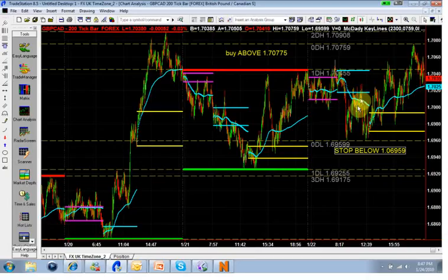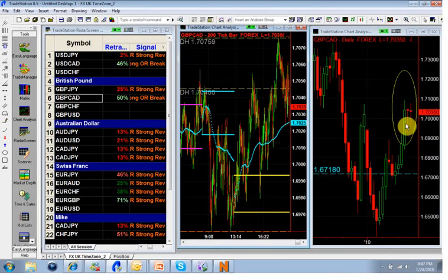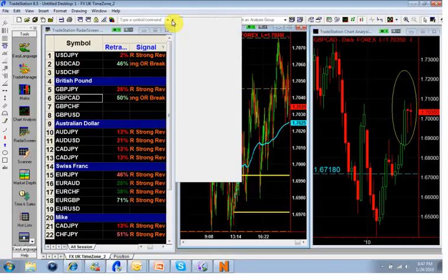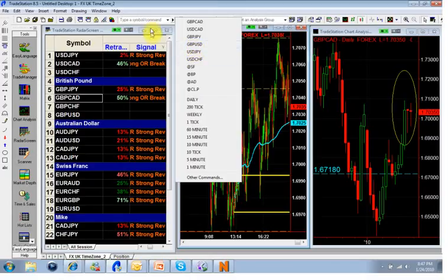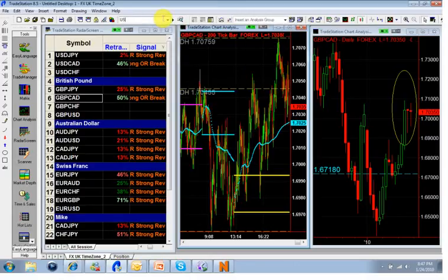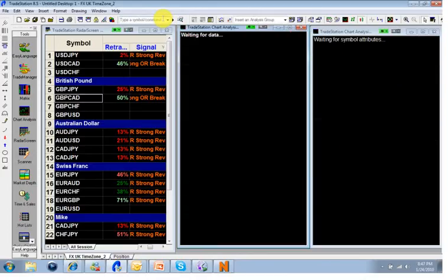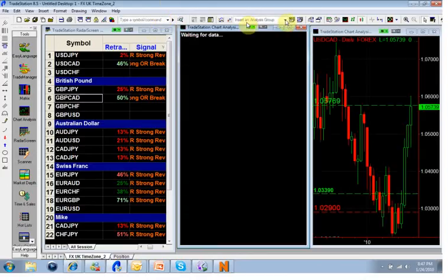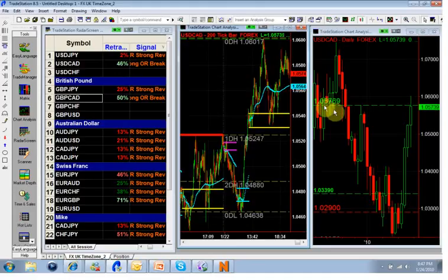So in this case, as you can see, look at this. The reason I'm saying this is, look at the daily chart. This is what's happening. Even though the pound CAD is flying, if you decide to trade the pound CAD, then you have to accept the fact that it is a weak currency.